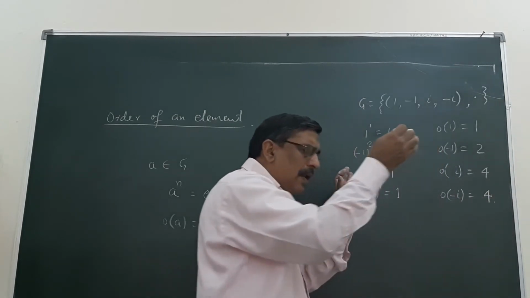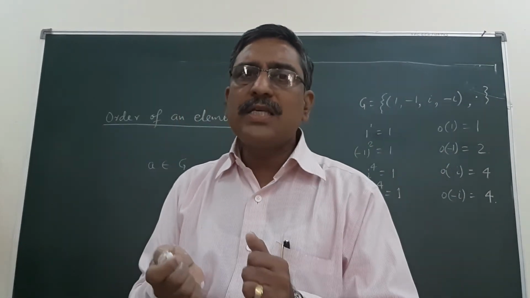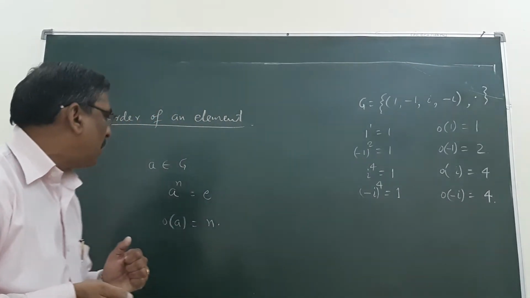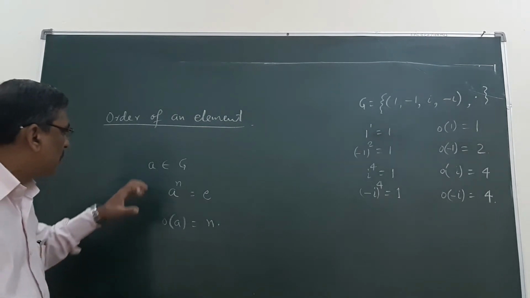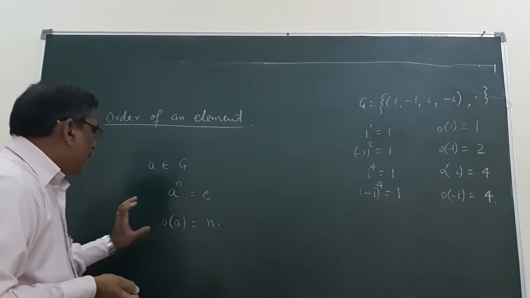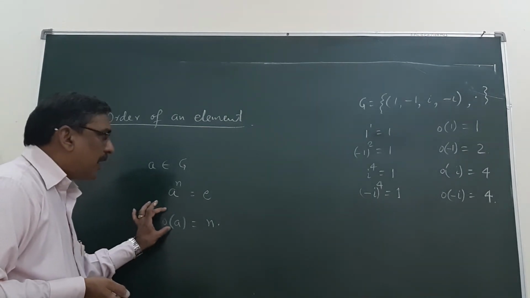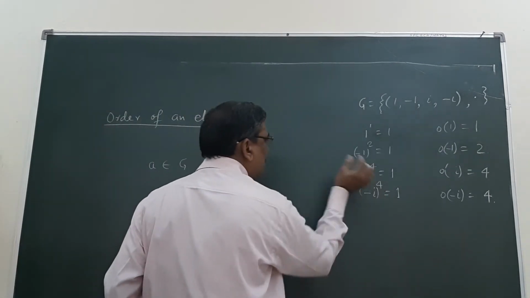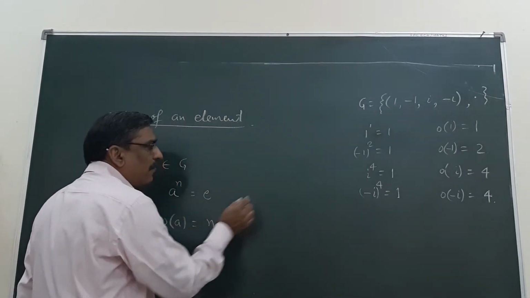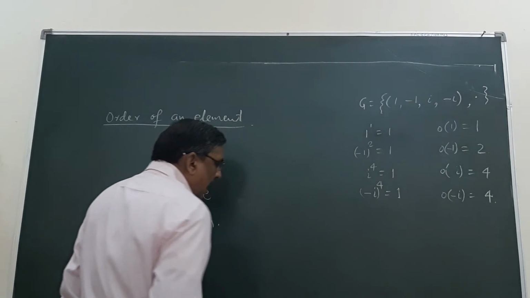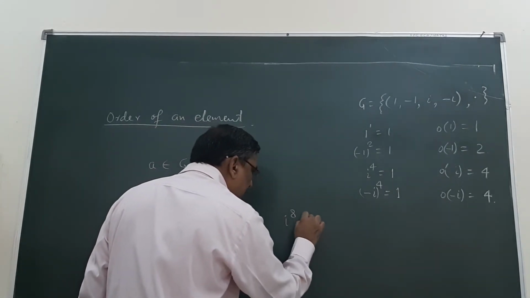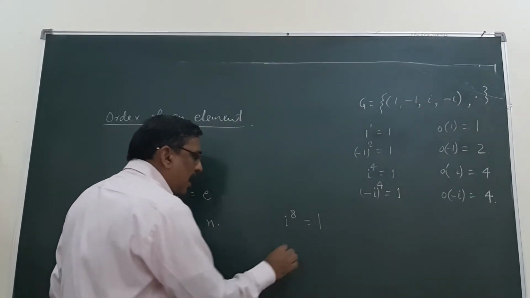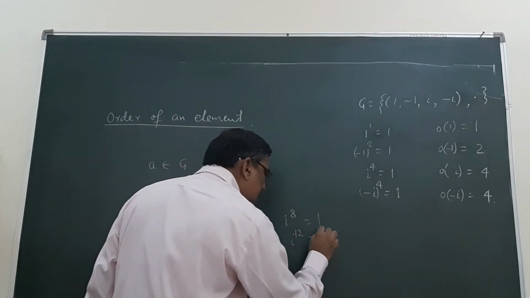This example gives us very basic knowledge about the order of an element of the group. So here, say a is iota. If I take iota raised to the power 8, it is again 1. Iota raised to the power 12, it is again 1.